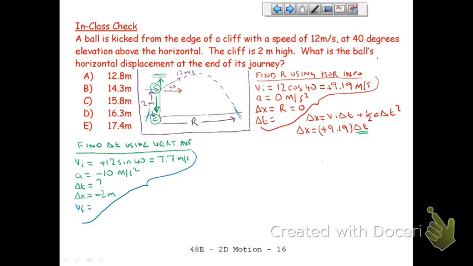What links these guys? VF squared equals VI squared plus 2a delta x. That will make me my VF, and then I'm going to use VF equals VI plus AT to get my time.